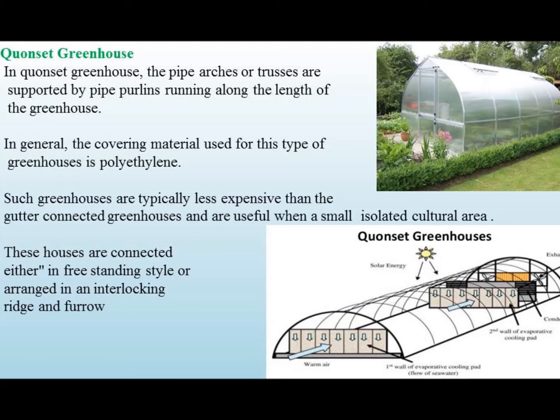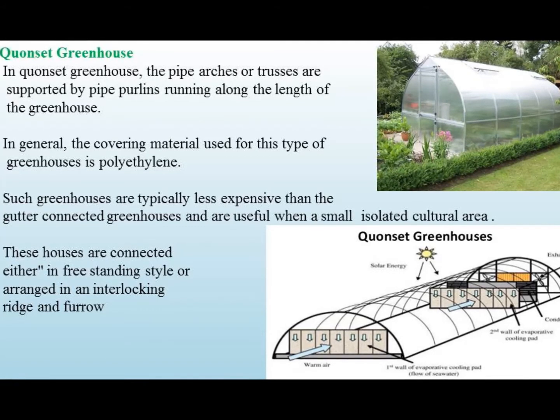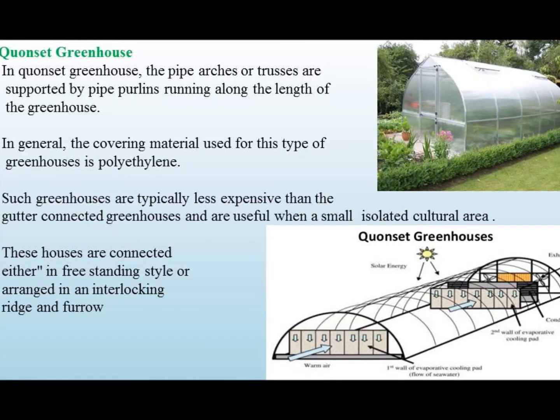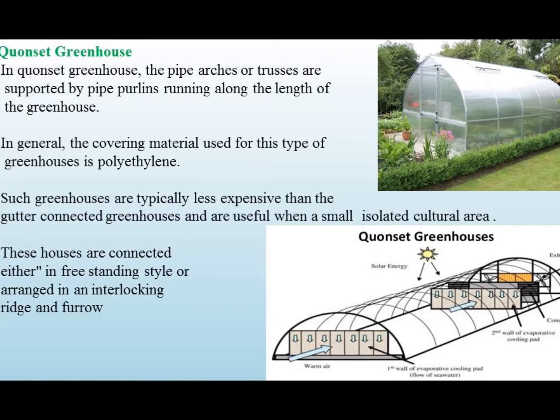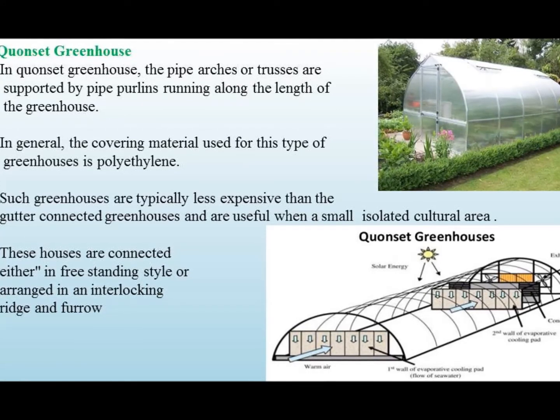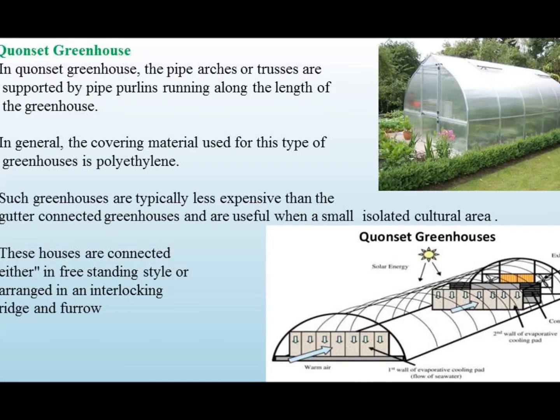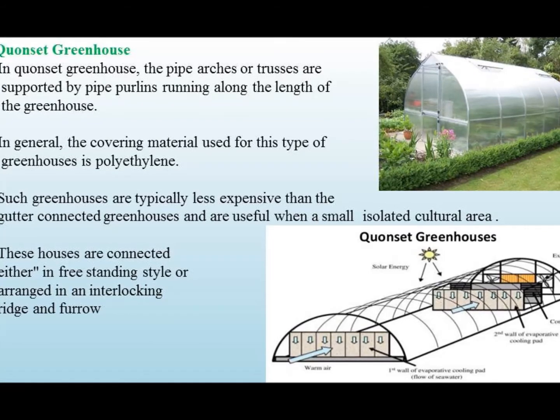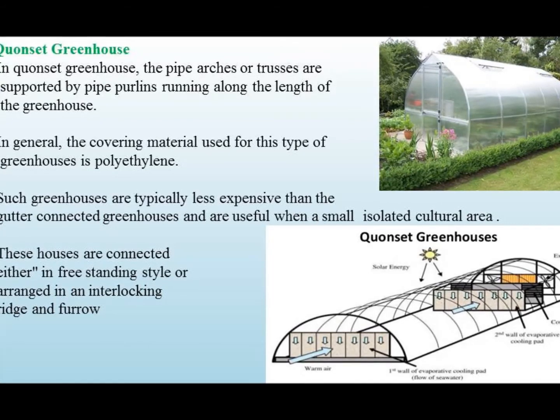According to design and construction, there are two types of greenhouses. First, the freestanding type quonset greenhouse. And second, the interlocking ridges and furrow type quonset greenhouse.